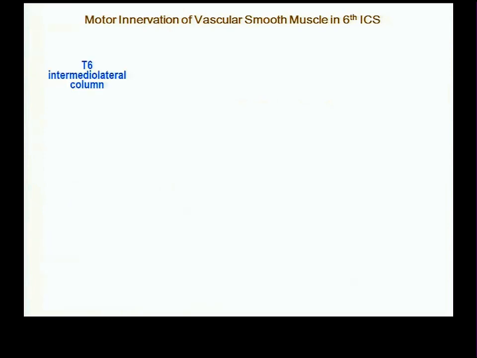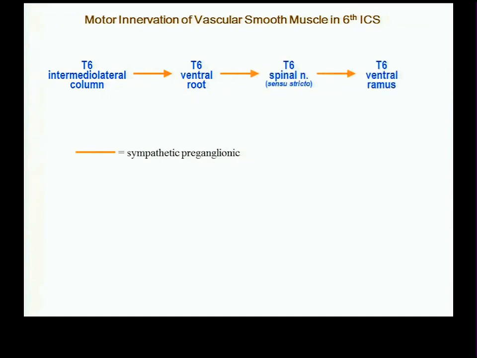You start out in the T6 intermediolateral column. The preganglionic axon travels out the T6 ventral root into the T6 spinal nerve sensu stricto, into the T6 ventral ramus. It leaves in the T6 white ramus communicans, is carried to the T6 paravertebral ganglion.